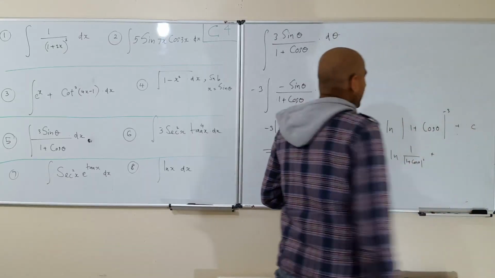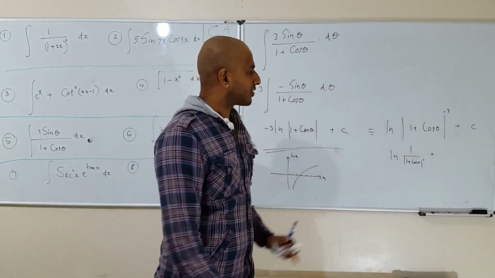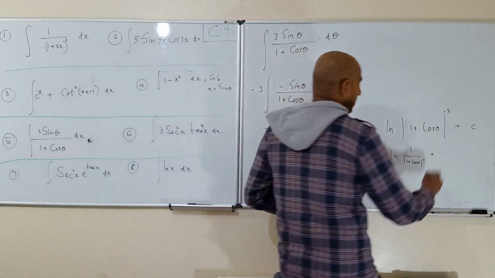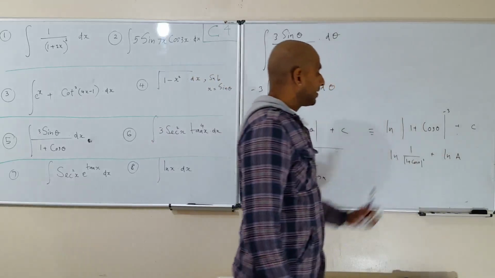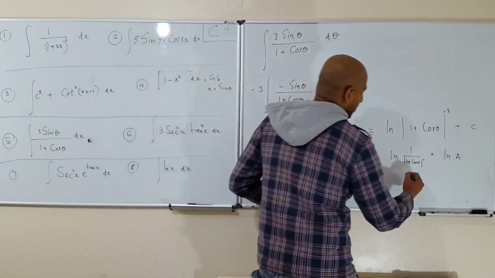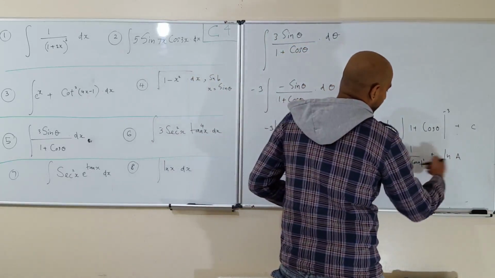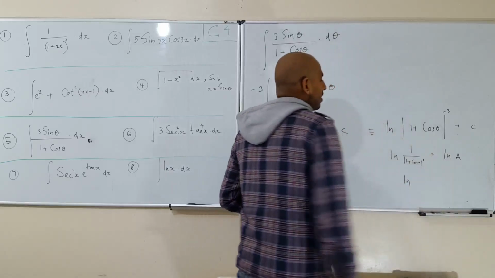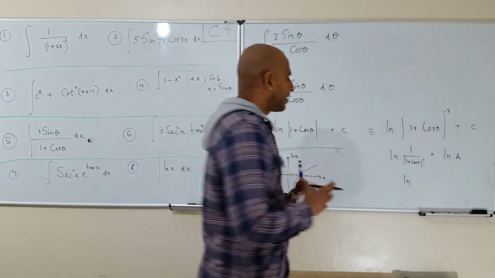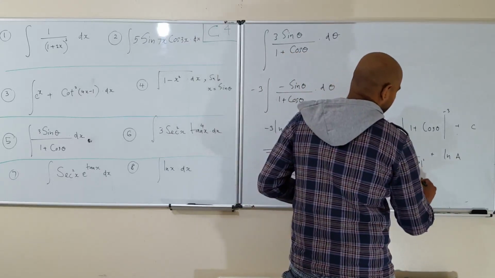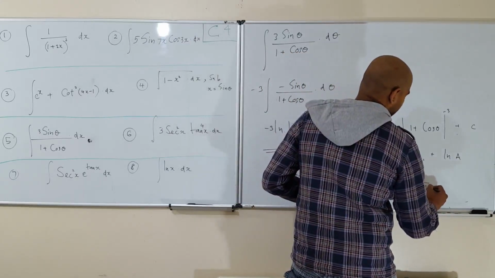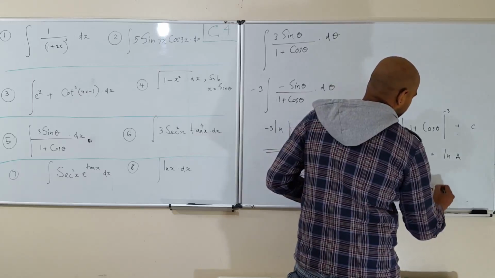Plus c, if I want, I can replace it with ln a, because it's a constant anyway. I can just put ln c or ln a or whatever. Not ln c, ln a. So I can rewrite this as a much more compact version. When I'm adding logs, I can multiply these values together. I'm going to get a over 1 plus cos theta cubed.